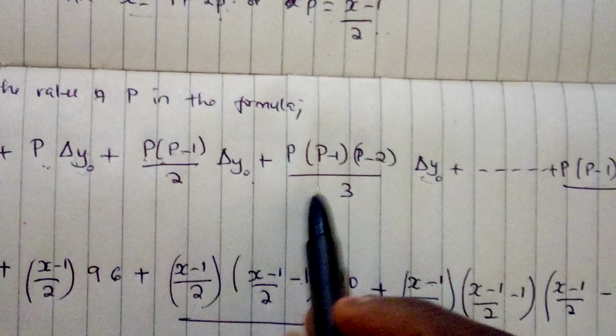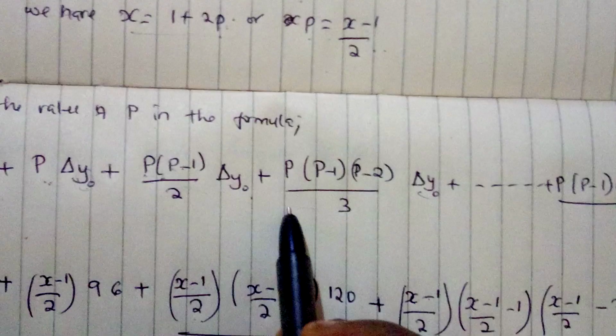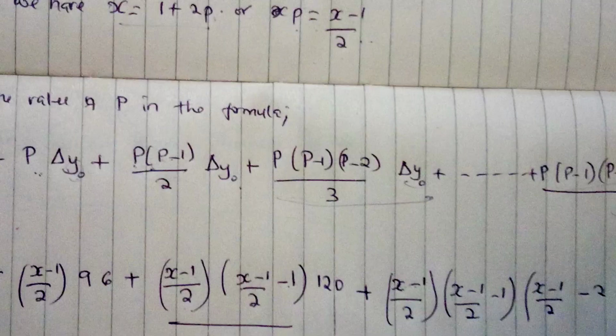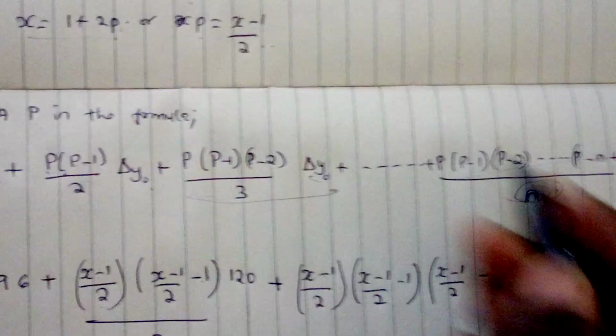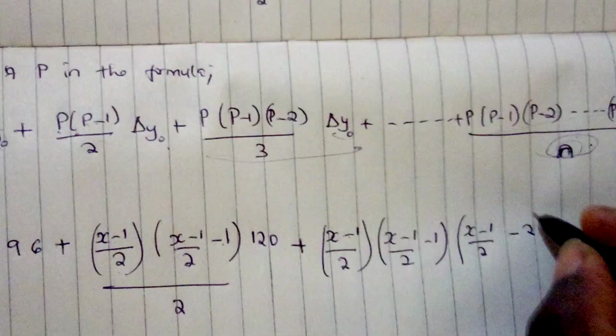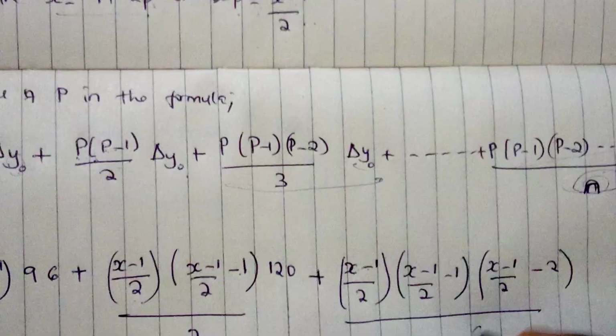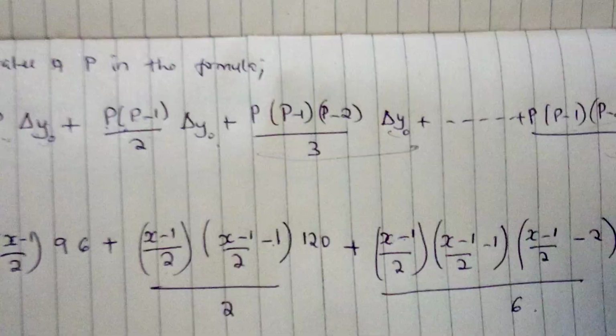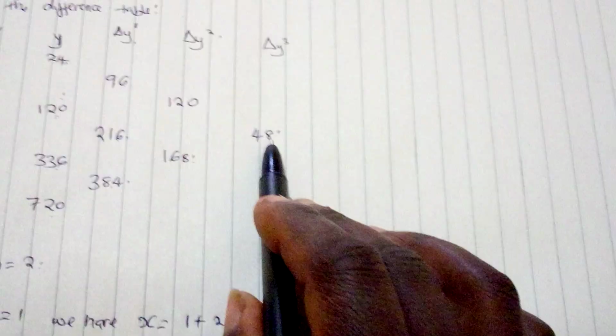It means that our equation will end at this point, but this is the end value of n. So then we divide by 6. Then we multiply by change in y, which is 48. We have 48 here.